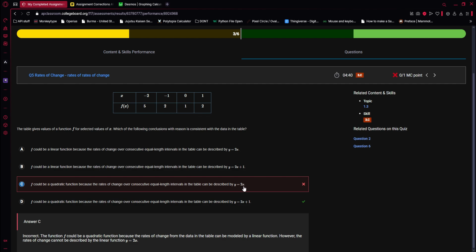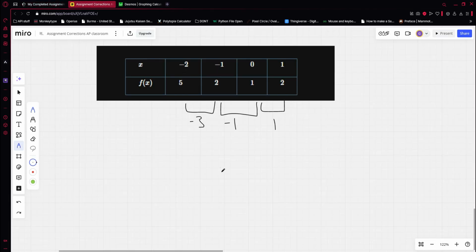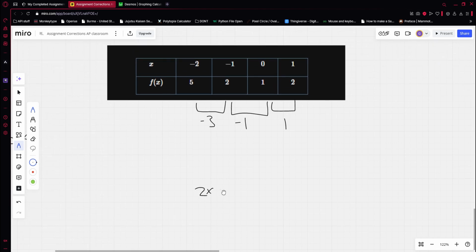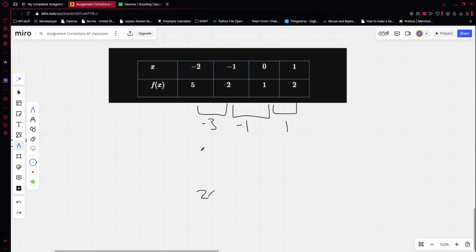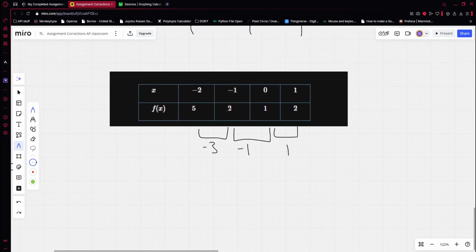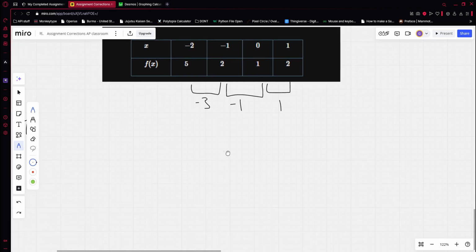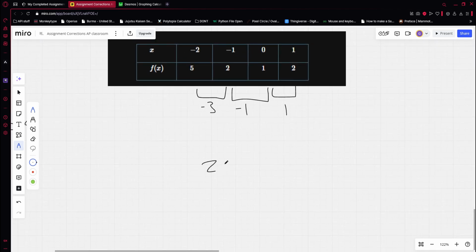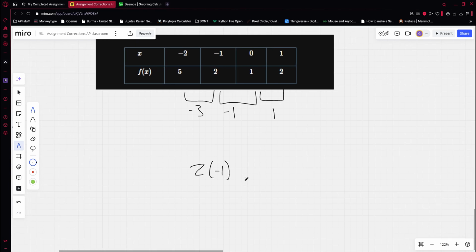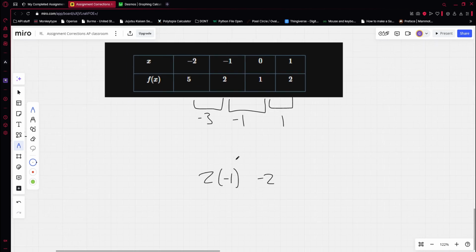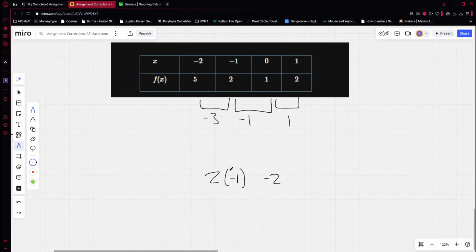So you may think, oh, it's 2x. Easy, that's what I thought. But we're ignoring the x. If we just go 2x, you have to realize that, let's plug in negative 1. So we have 2x, negative 1. Rate of change would be negative 2. I don't see no negative 2's.